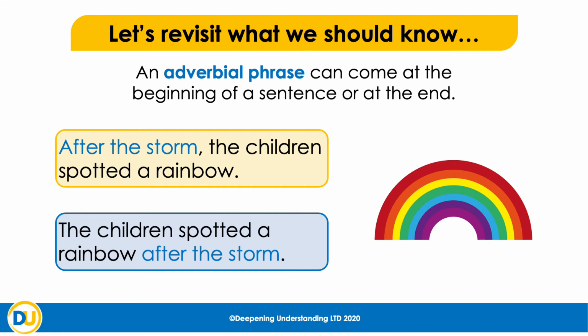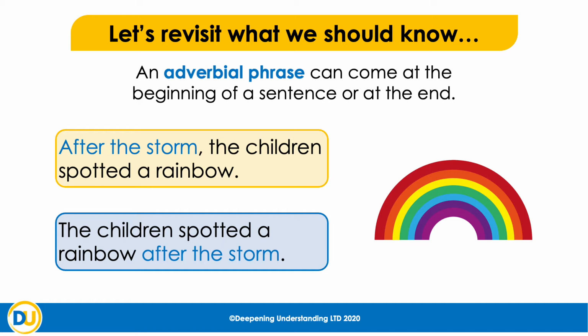So an adverbial phrase can come at the beginning of a sentence or at the end. If you have a look at the very first sentence, after the storm, the children spotted a rainbow. Now, after the storm is telling you when.